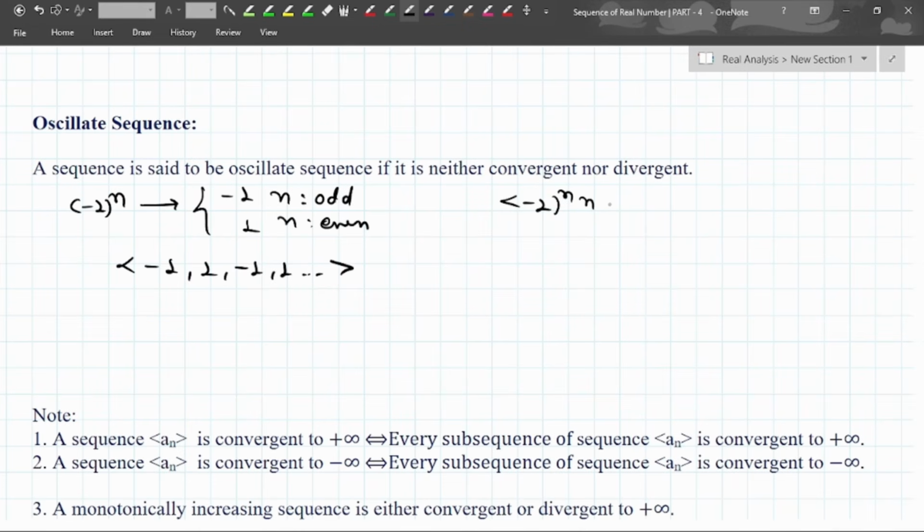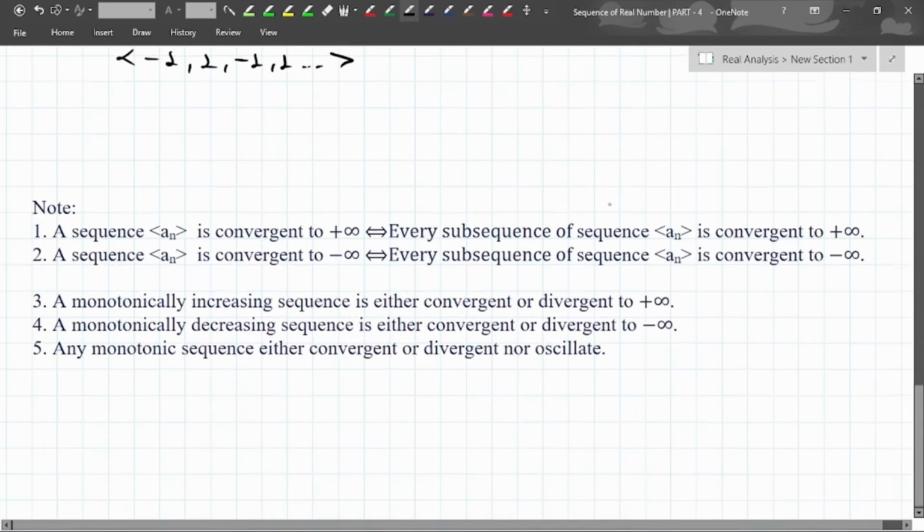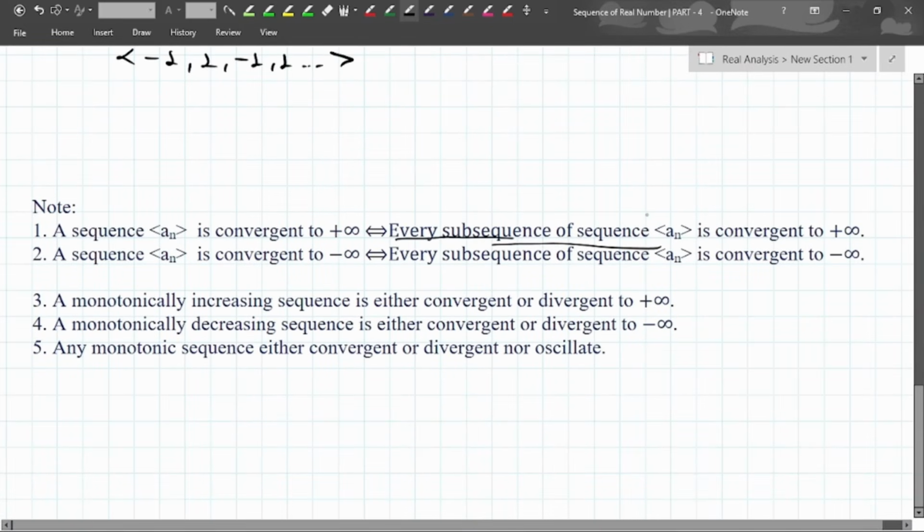Now we have a result: if a sequence an diverges to plus infinity, then every subsequence of it does too. Let's recall subsequences, which we discussed earlier.